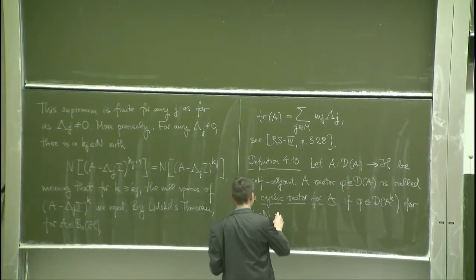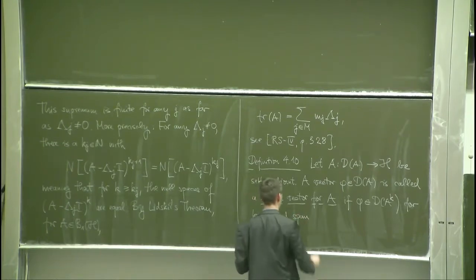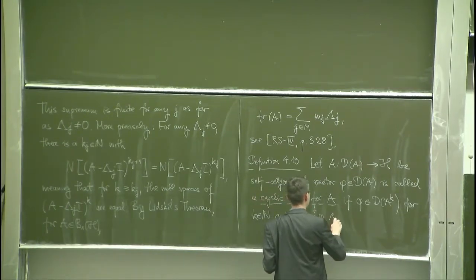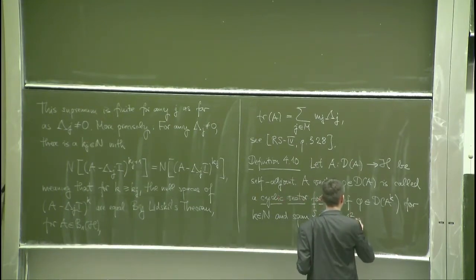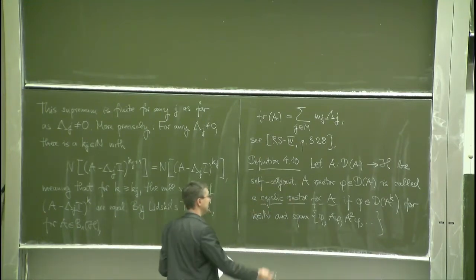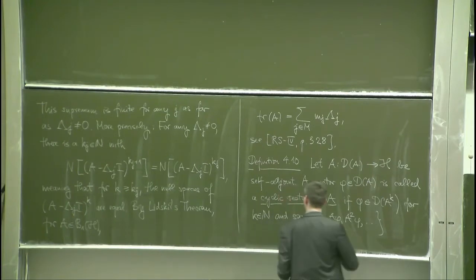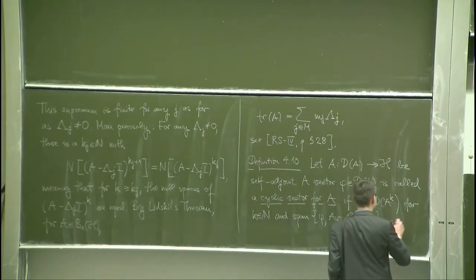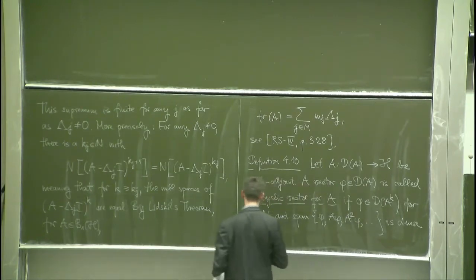And we have that the span of phi, A phi, A to the power of 2 phi, and so on, and all these objects are defined since phi is in the domain of A^k. And we have that this span is dense in the Hilbert space.